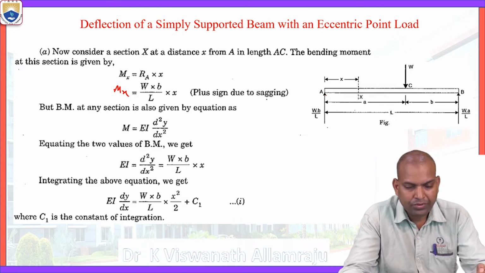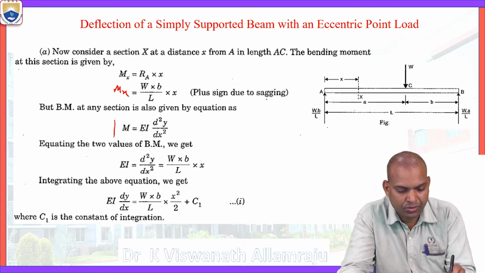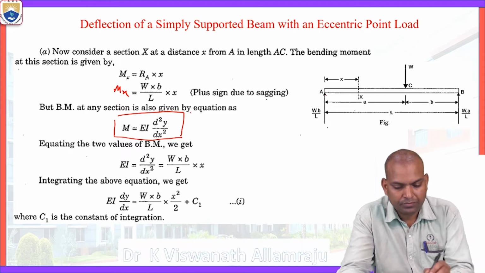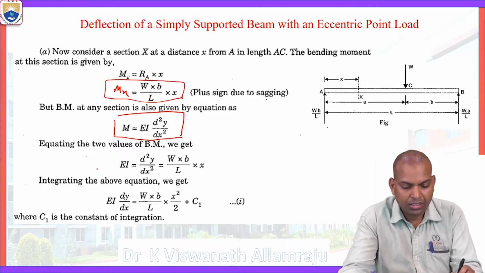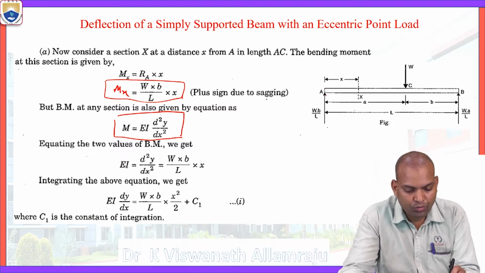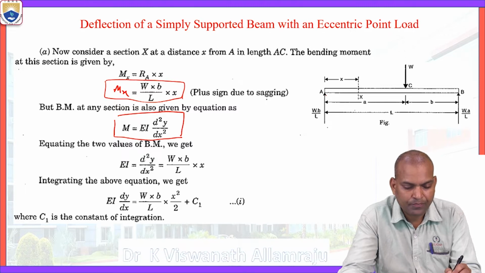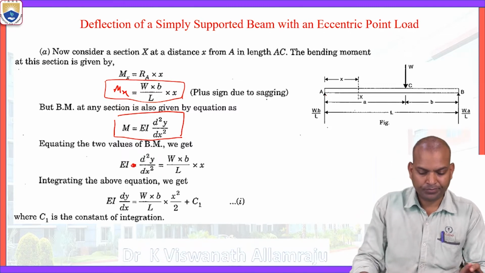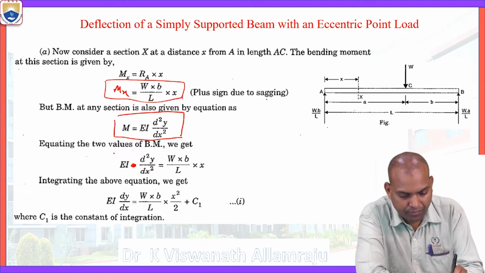We know the equation already. The variation of the bending moment at any section is M equal to EI times d square y by dx square. Equate the Mx with this M equation. Then Wb by L into x equal to EI times d square y by dx square. Now this is the equation.